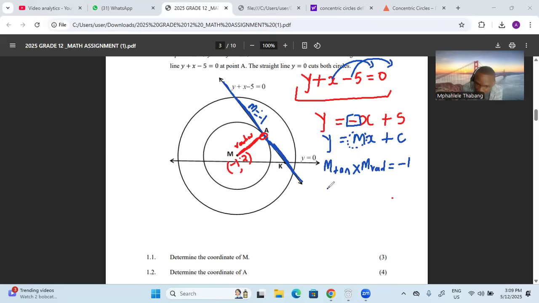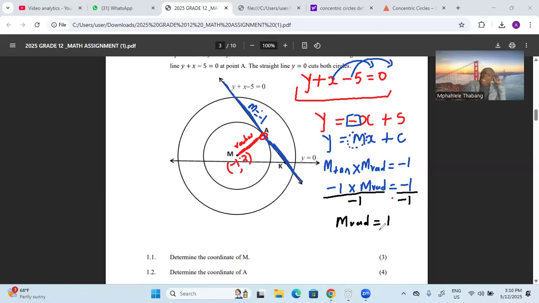So -1 times m of radius is -1. If you divide both sides by -1, you see that the m of the radius, the gradient of a radius, is 1.